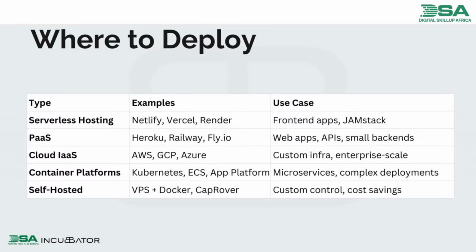And the options that you have are either deploying to a serverless hosting, or using a PaaS, which is a platform as a service, or using a cloud infrastructure as a service, or using container platforms, or you are going to self-host the deployments on your own server, right? And the examples under each type of deployment, under serverless hosting, we have Netlify, we have Vercel, we have Render, which is what we have used so far in this course.